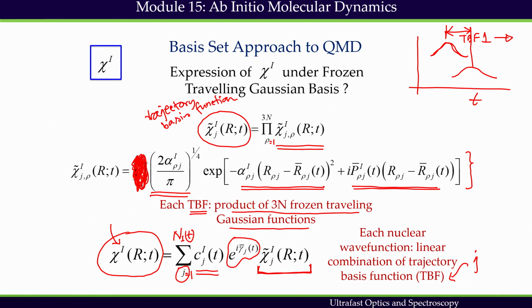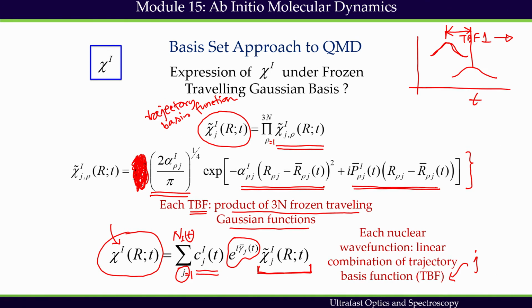We'll show you what that means very soon. So N_I(t) shows the number of nuclear basis functions on electronic state I at time t. N_I(t) is allowed to change during propagation. This gives birth to spawning, which will be discussed soon.